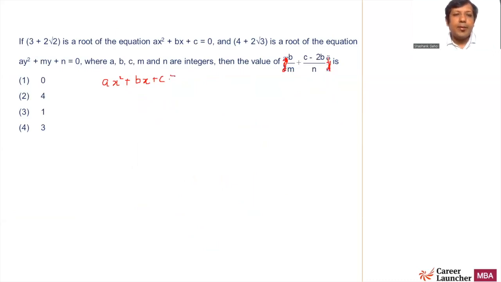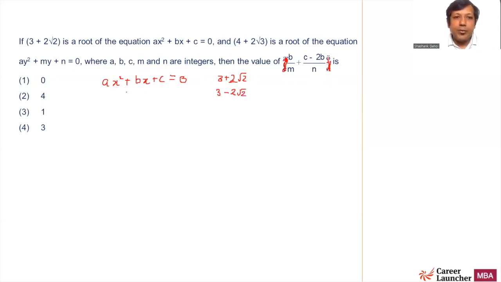The question is saying that one of the roots of this equation is 3 plus 2 root 2. Now we know that if roots are irrational, they are supposed to be conjugate. So 3 plus 2 root 2 is the first root, so the second root is going to be 3 minus 2 root 2.